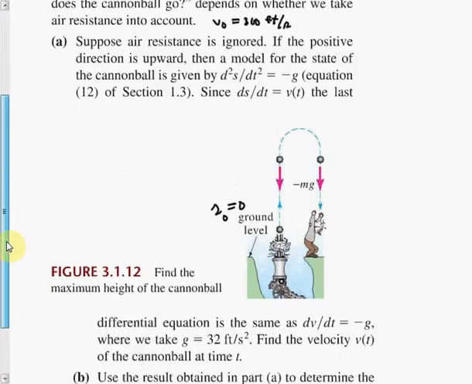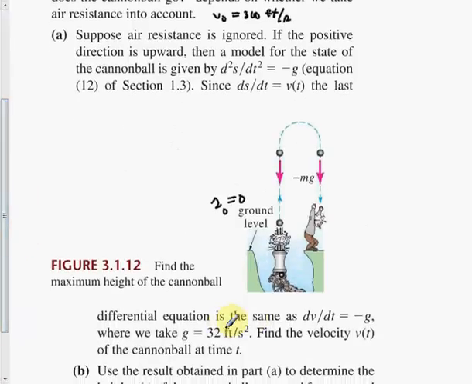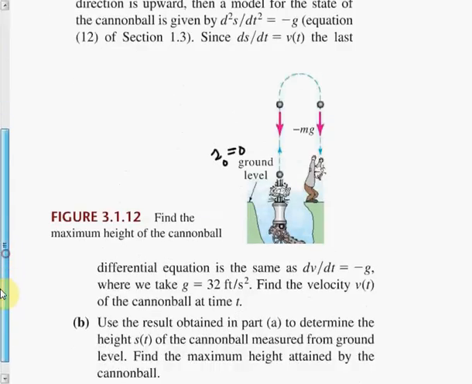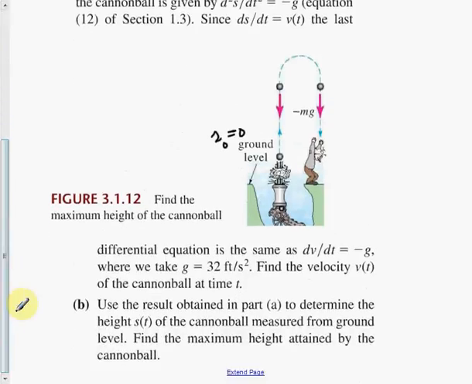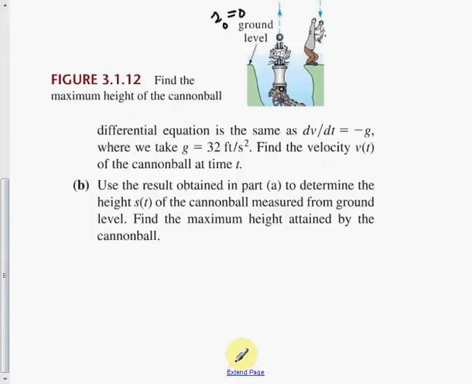And so the last differential equation is the same as dv over dt, that's what we're going to use, equal to negative g, where we take g to be 32 feet per second squared. Find the velocity v of t of the cannonball at time t. We're going to find this formula for v of t, and then secondly, use the result from part A to determine the height s of t of the cannonball measured from ground level. Find the maximum height attained by the cannonball.